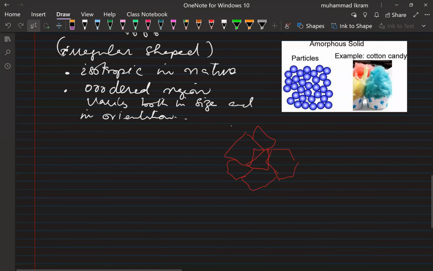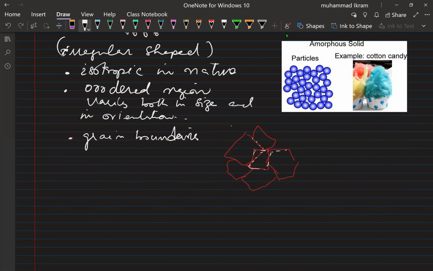The grain has boundaries also, called the grain boundaries. As you see here, each grain is separated by a boundary called the grain boundary.